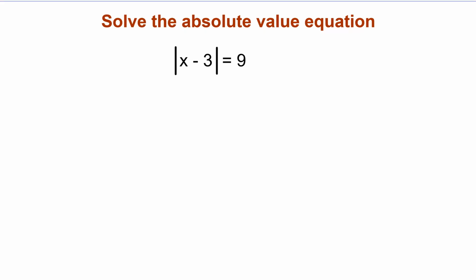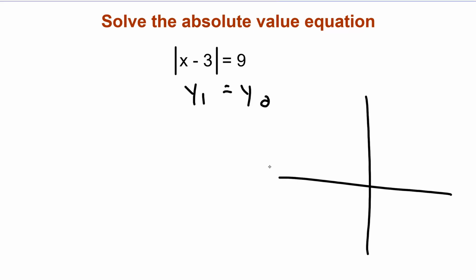We're going to graph these on the graphing calculator, so it'll be really clear on the test which ones you're going to do by hand, which are all the ones that I've done so far in this lesson, and which ones are going to be on the graphing calculator. So if you did this as y1 and y2, I'm going to pull my graphing calculator up. You need to know where the absolute value is.